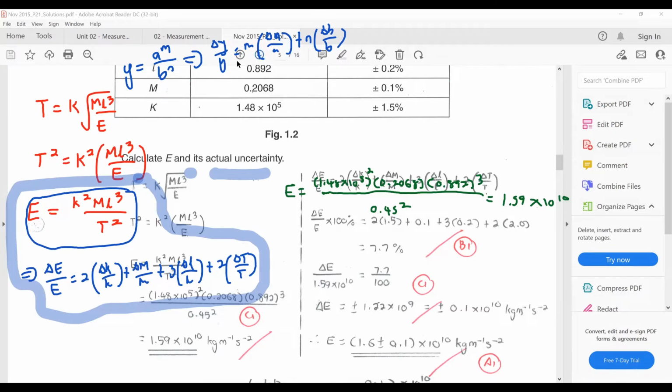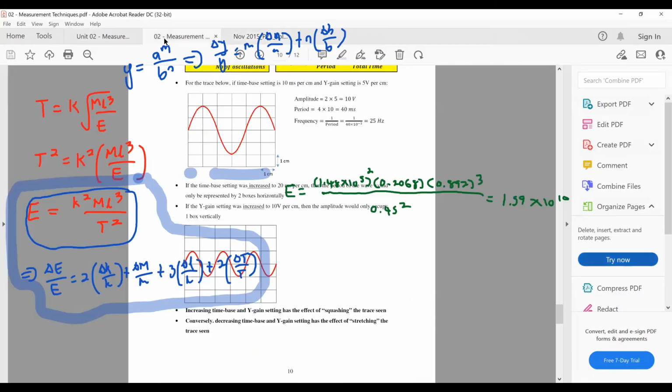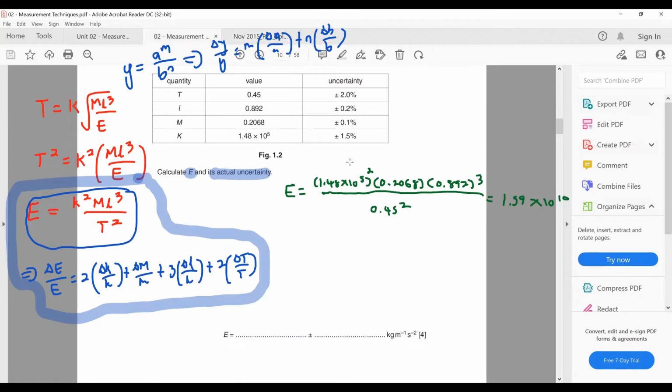Then after that, all you just need to do is sub in the values. Okay, this is one way to go about this.